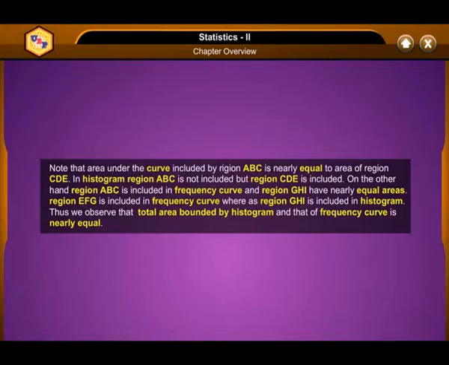In the histogram, region ABC is not included, but region CDE is included. On the other hand, region ABC is included in the frequency curve, and regions EFG and GHI have nearly equal areas. Region EFG is included in the frequency curve, whereas region GHI is included in the histogram. Thus, we observe that the total area bounded by the histogram and that of the frequency curve is nearly equal.